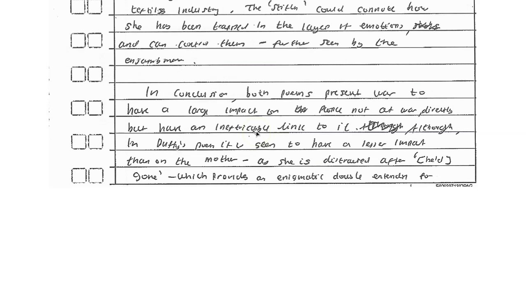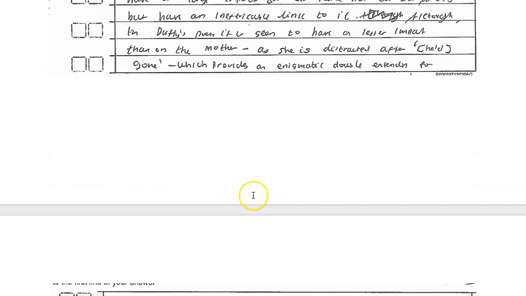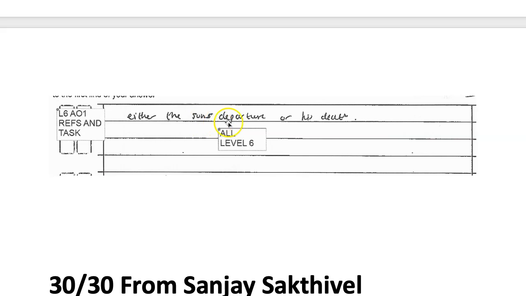But what's going on here is Sanjay is going back to the original question, which was about the effect of war on individuals who aren't at war, and making sure that he answers the question properly. Although in Duffy's poem it seemed to have a lesser impact than on the mother, as she is distraught or distracted after he'd gone, which provides an enigmatic double ending for either the son's departure or his death.